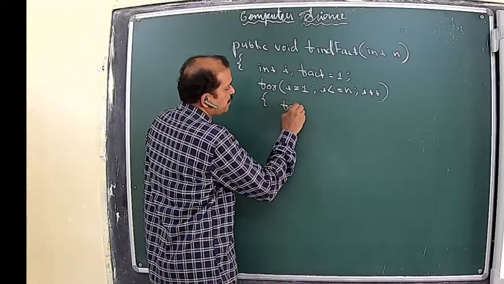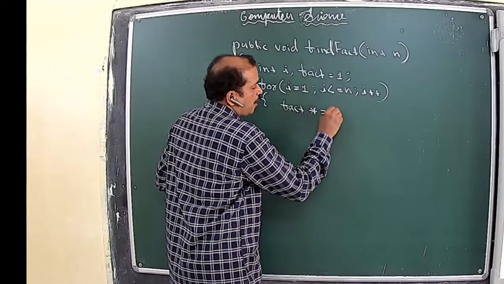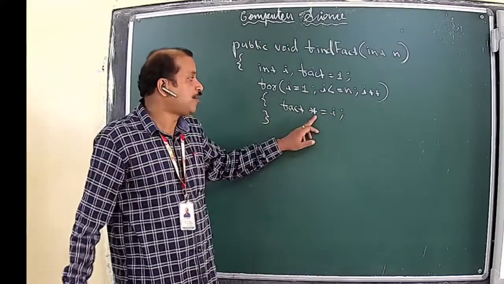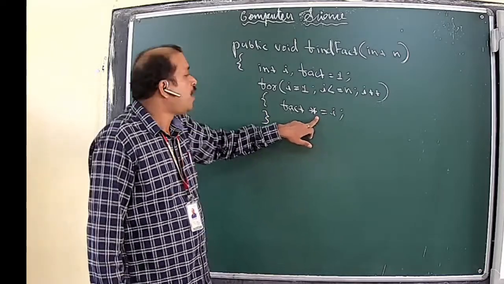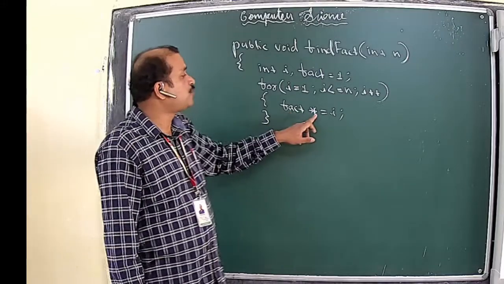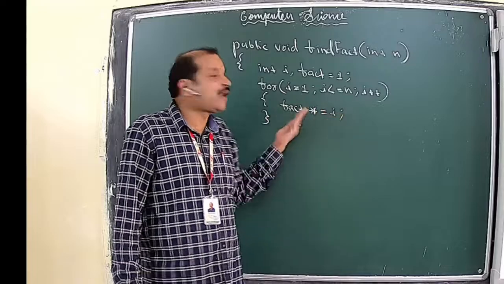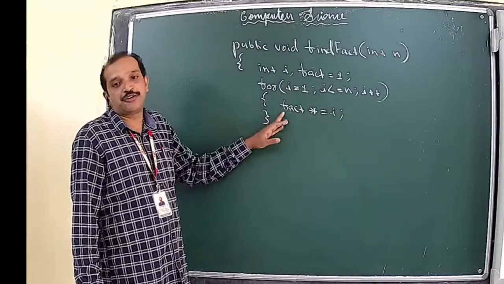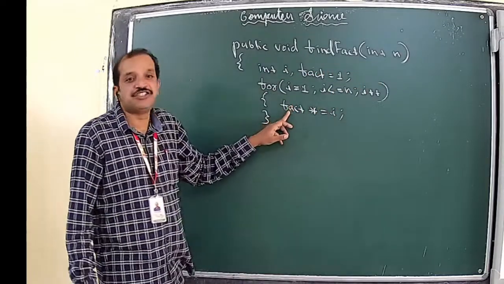A simple statement is enough: fact *= I. As you are already aware, this is a special assignment operator, and the meaning of this statement is fact = fact * I. So the value of I will be multiplied with this variable, and at the end of this loop, the factorial of n will be stored in this variable.